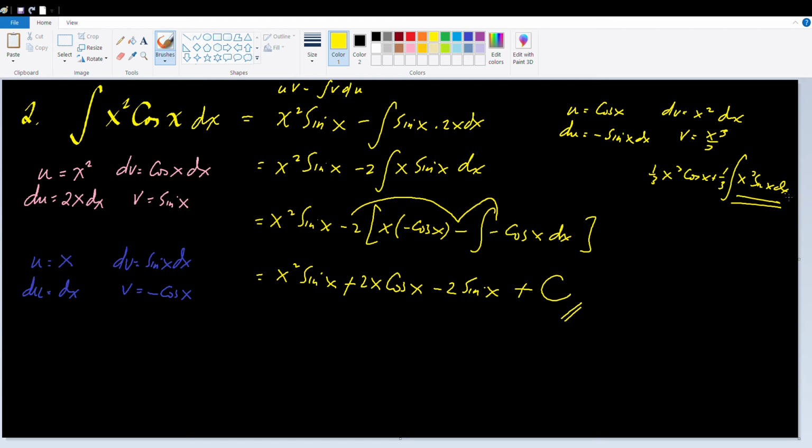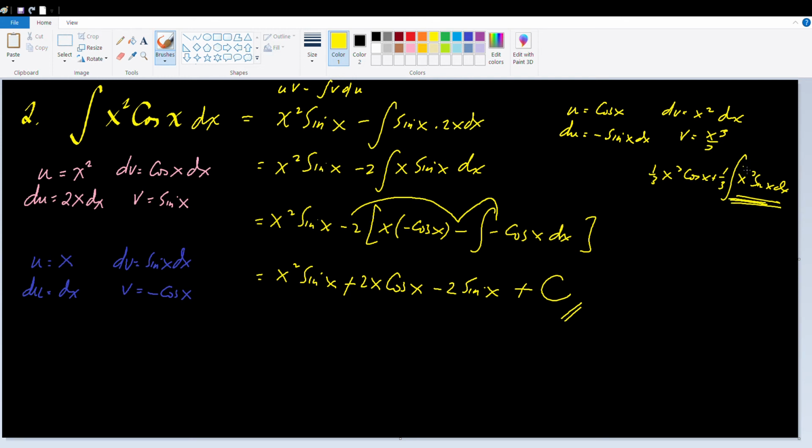And at this point, you should have realized that the resulting integral is more complicated than the original one. The original integrand is x squared cosine x dx. By applying u equal to cosine x and dv equal to x squared dx, you will be getting an integral which is more complicated than the original one.